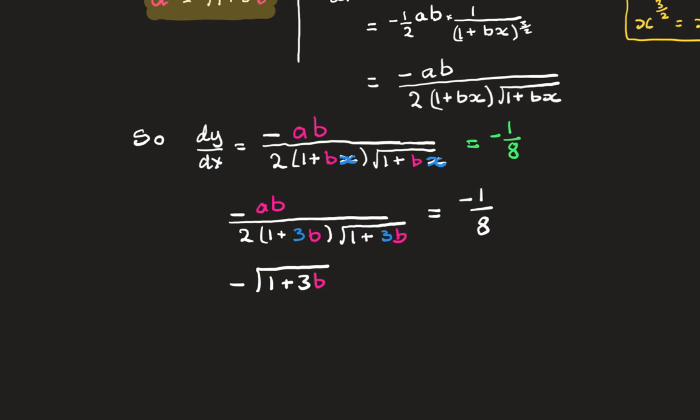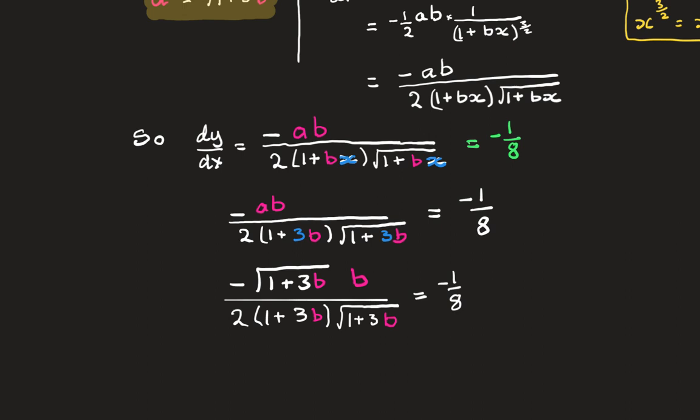There's also a b up here. And I will now divide this by the denominator, which is 1 plus 3b, multiplied by the root of 1 plus 3b, and that's all equal to -1/8.